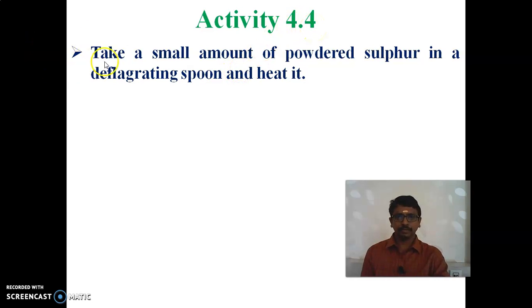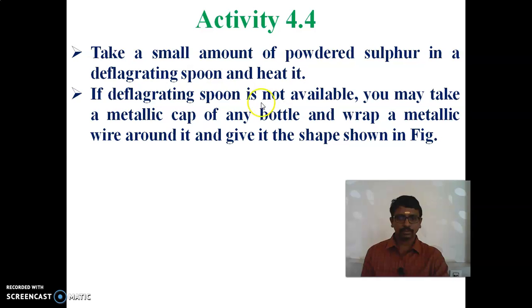In that we have to take a small amount of powdered sulfur in a deflagrating spoon and heat it. If a deflagrating spoon is not available, you may take a metallic cap of any bottle and wrap a metallic wire around it and give it the shape shown in the figure.